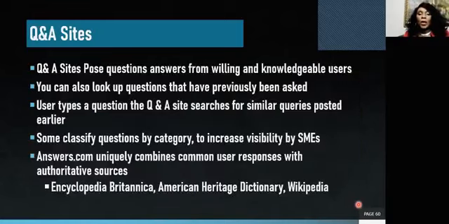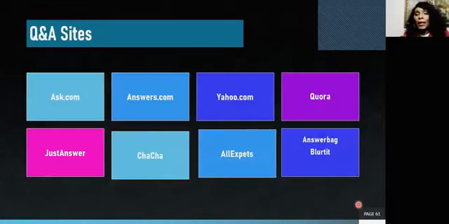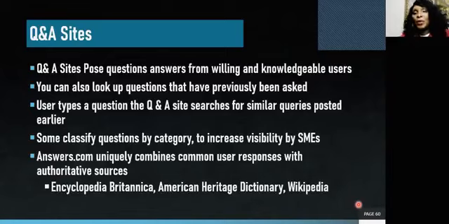So some of the social news sites we have are Reddit, StumbleUpon, Digg, Newsvine, Hacker News, DZone, and so on and so forth. Question and answer sites are another very common social media channel. We'll see some examples, but with these sites, basically you're able to pose a question and leave it open to people who are willing and knowledgeable enough to respond.